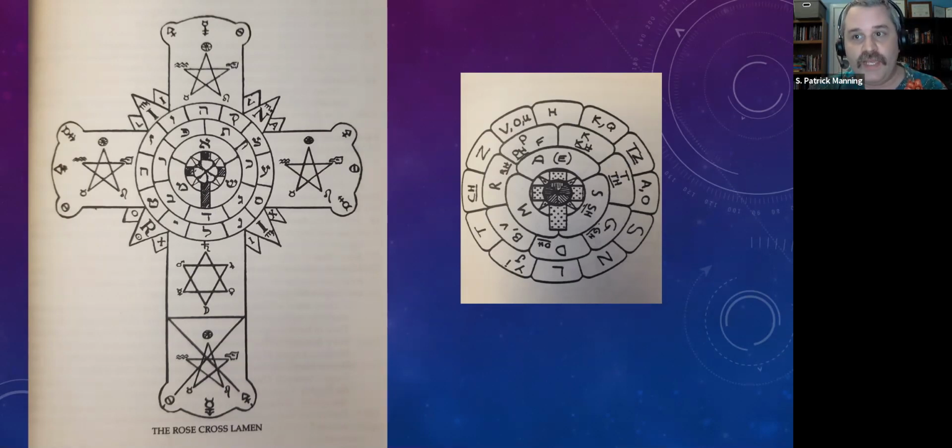So you can either take a word that represents your goal and translate it into Hebrew and use the Hebrew letters, or you can transliterate it using the Latin alphabet to approximate the sounds that it would show on there.